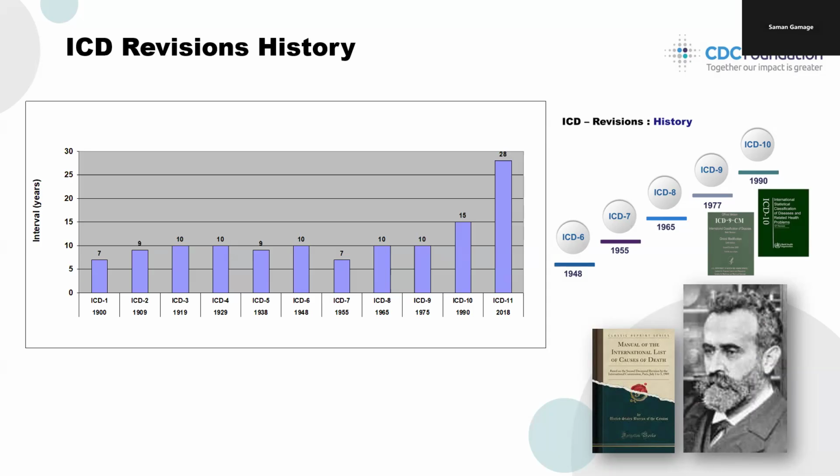With ICD-10, they started using alpha characters in ICD codes. Therefore, there was some room for expansion and revision. And this is the reason why we have been able to use ICD-10 for 28 years, even more than that.